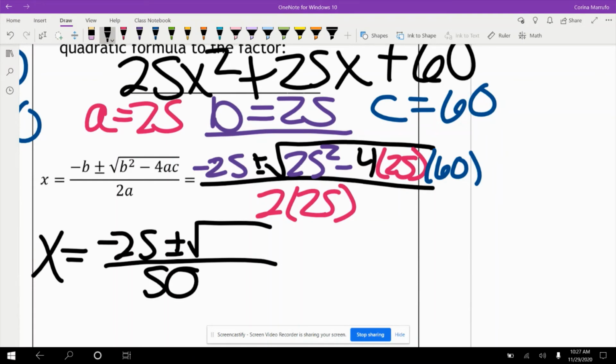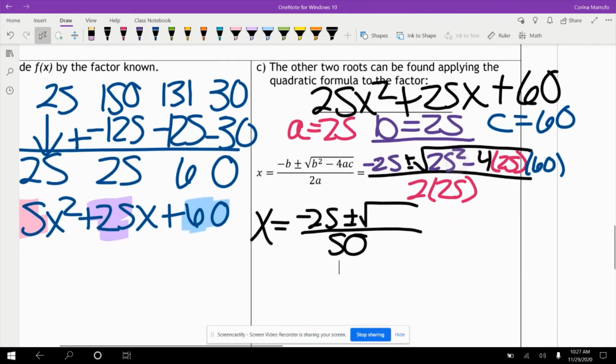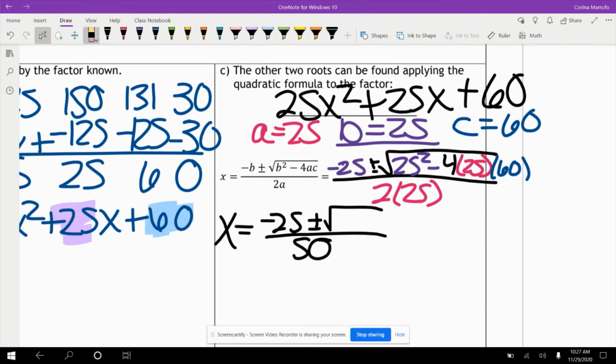And this gives me 4 times 25 times 6. Is it 60 or is it 6? Oh, it's 6. Sorry about that, guys.